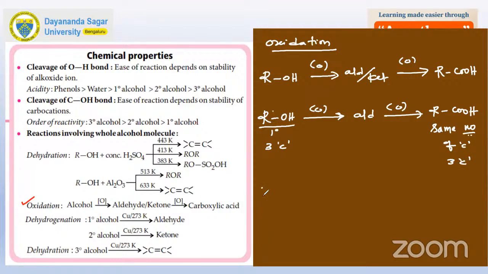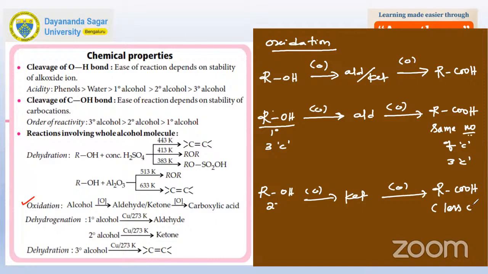If a secondary alcohol undergoes oxidation, we get ketone, not aldehyde. When ketone undergoes oxidation, we get a carboxylic acid having fewer carbon atoms. Always remember this: primary alcohol gives you aldehyde, secondary alcohol gives you ketone.